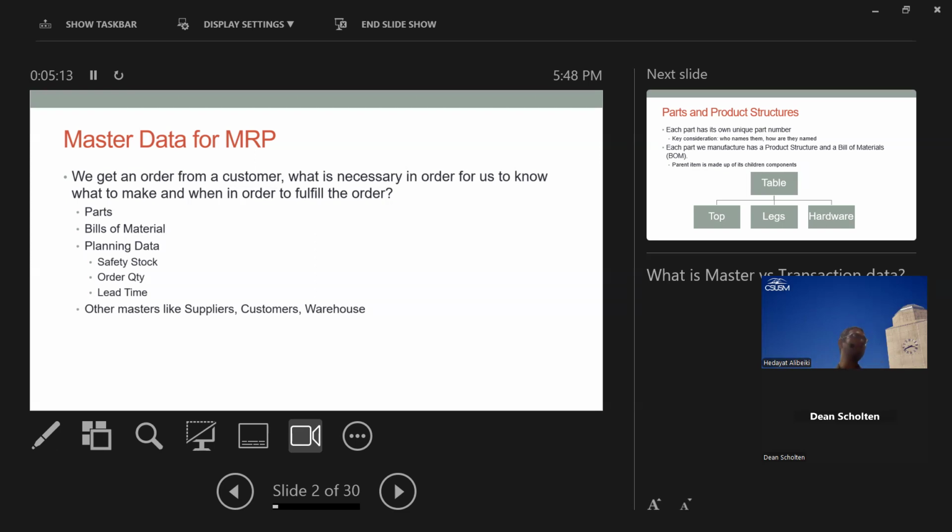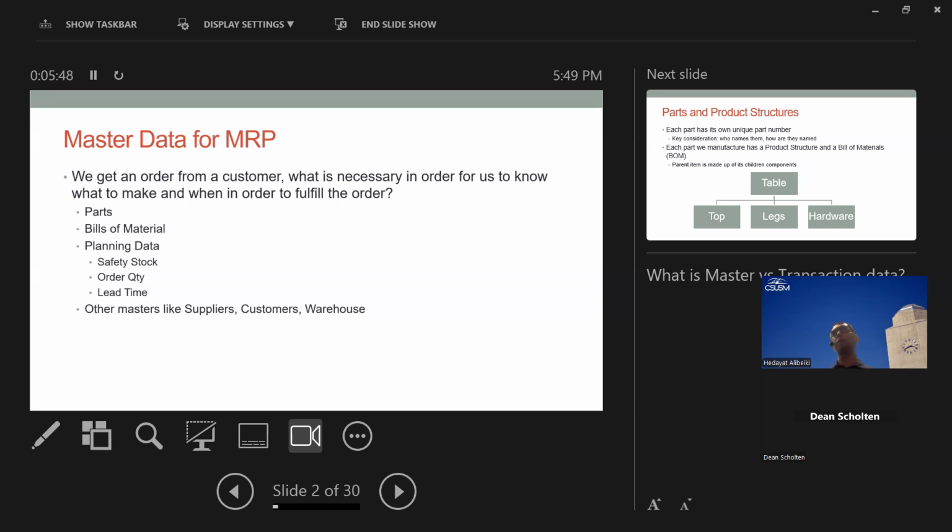Lead time is important because a major part of what we do in the MRP table is scheduling. In the MPS table, our output was how much we need and at what time. But when we know the lead time, it allows us to say, okay, if I need this at week 10, and if it takes 3 weeks to get it, I have to order that quantity at week 7, right?